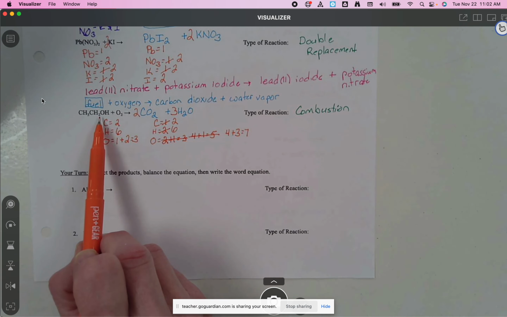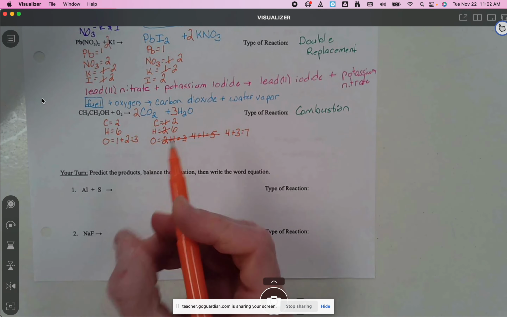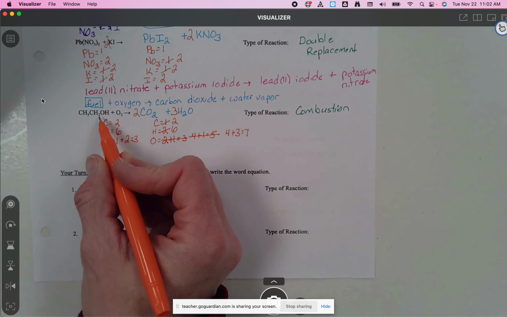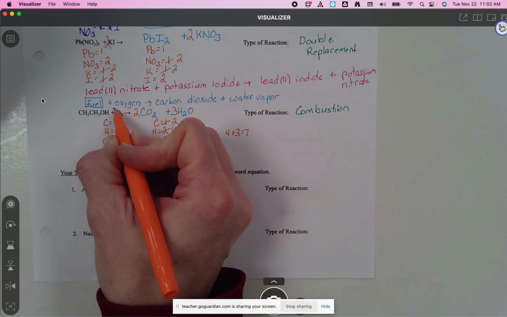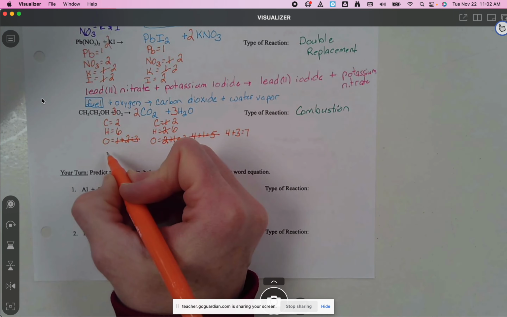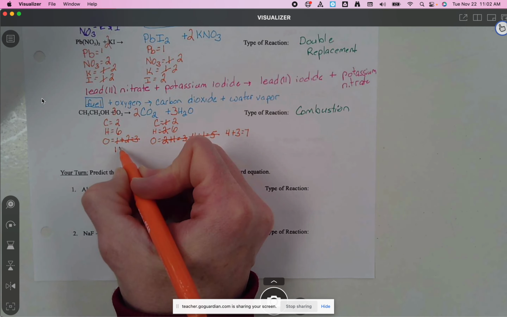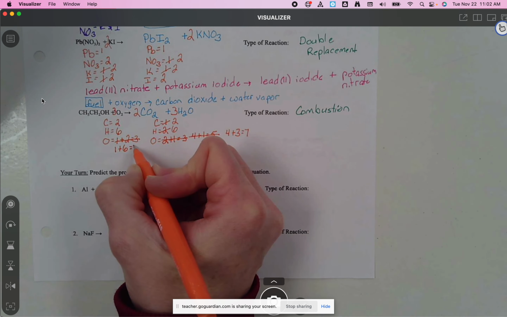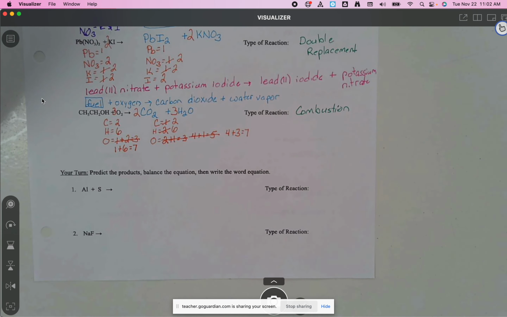But this time we're lucky enough to have an odd oxygen in the middle of this compound. So I really just need to get 6 of them in addition to that. So in this case, a 3 right there gives me 1 oxygen in the fuel, 6 more from the incoming O2s, for a total of 7, and I'm balanced.